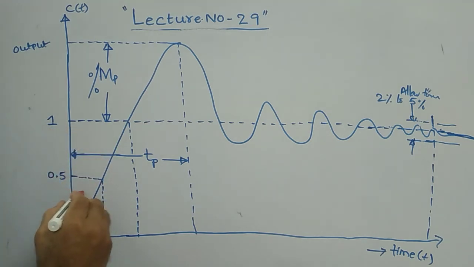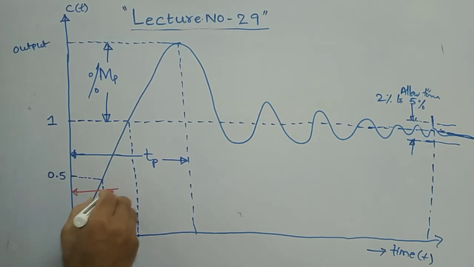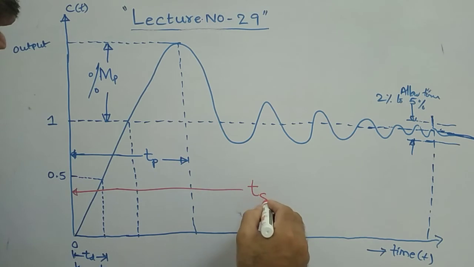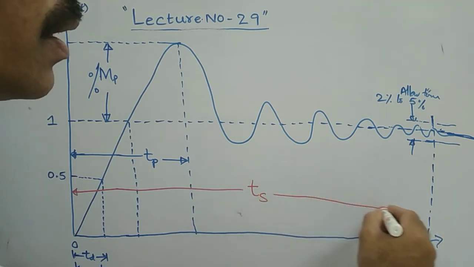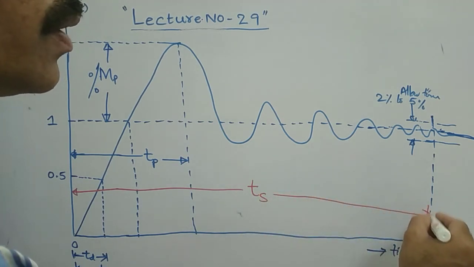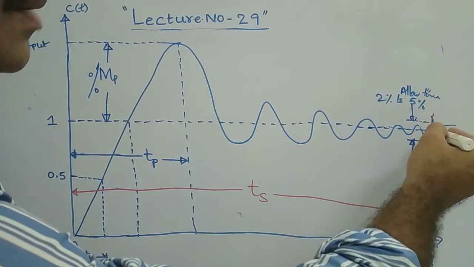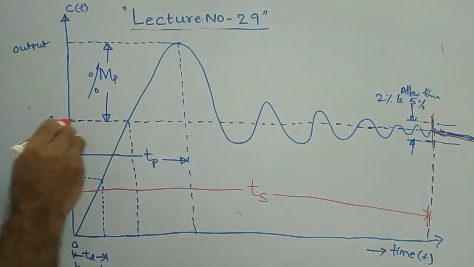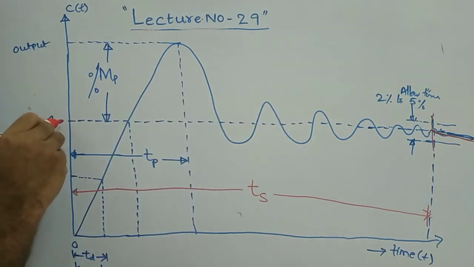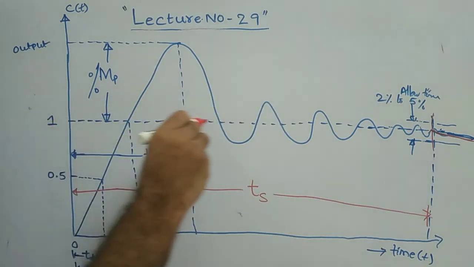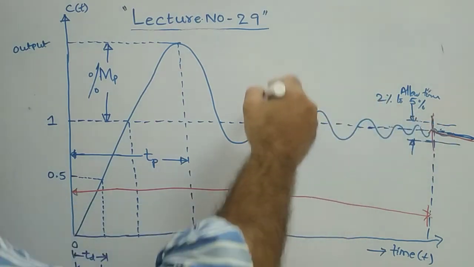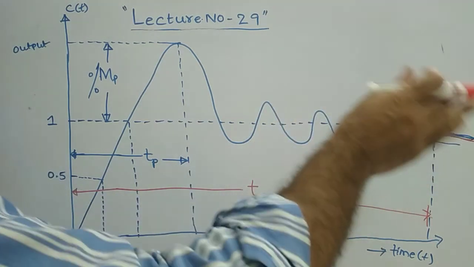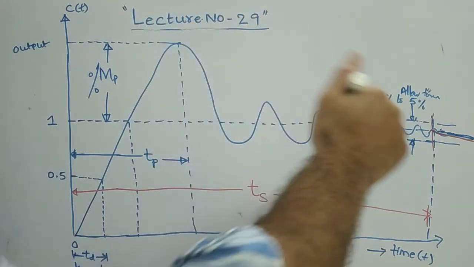From the starting point to this, I will call it T suffix s basically, up to this one, because at this particular time your graph almost combines with 1 basically. The maximum value 1 is there. So your output merges with 1. That is called output is settled.